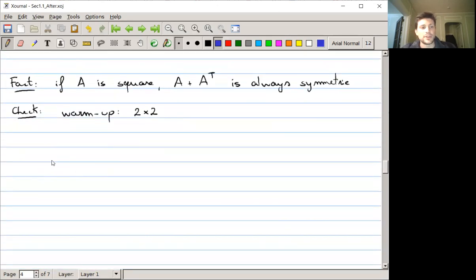Let's just check it for a few cases. We can do the 2 by 2. I'll take a general 2 by 2 matrix like this. I'll call this A. And then I can look at A transpose.